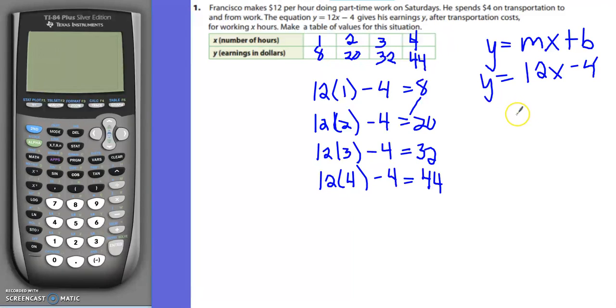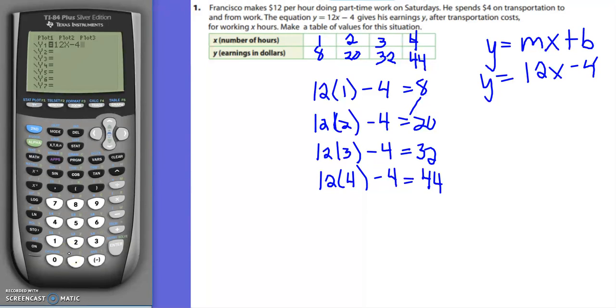One way to check your table of values and to check your equation is to go into your calculator and go into the y equals up here in the top left. Type in the equation 12x minus 4.